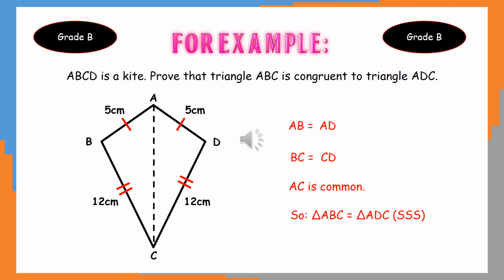So triangle ABC is congruent to triangle ADC by the first condition SSS, because the three sides in the first triangle are equal to the three sides in the second triangle, so the two triangles are congruent.